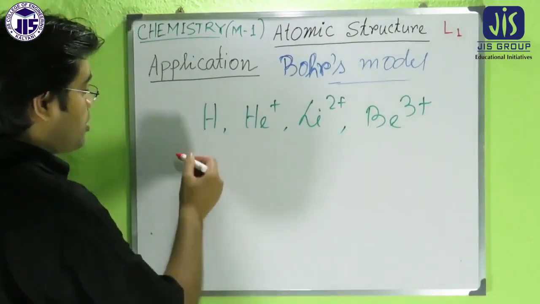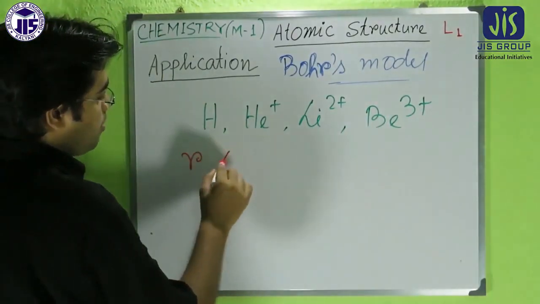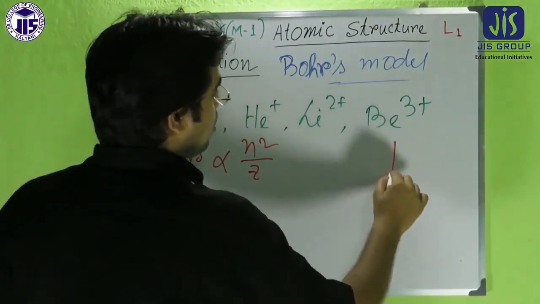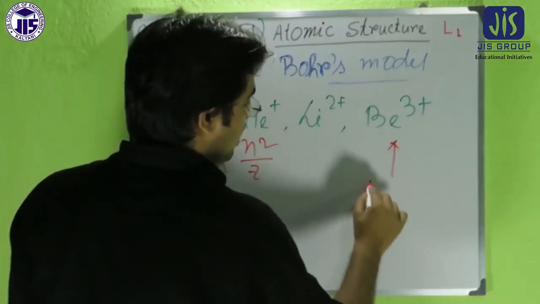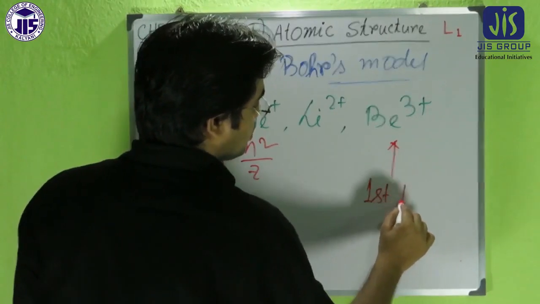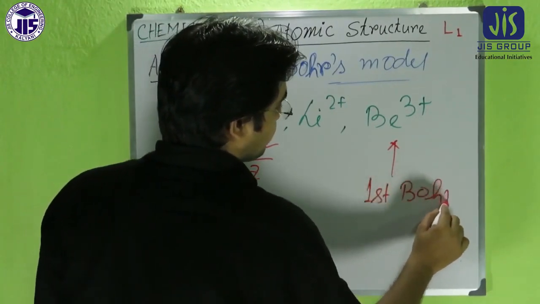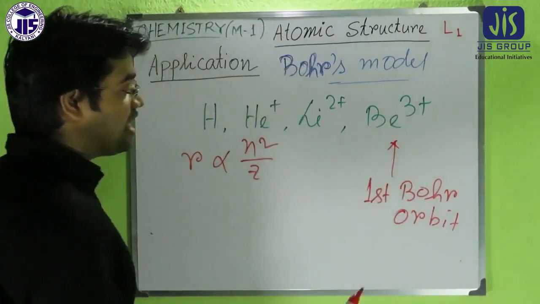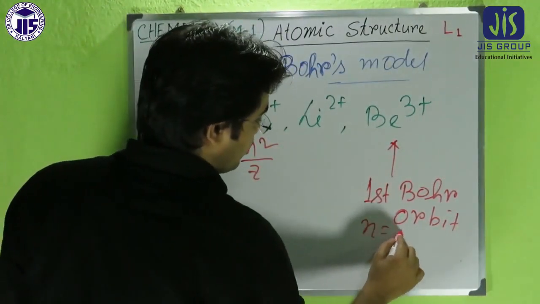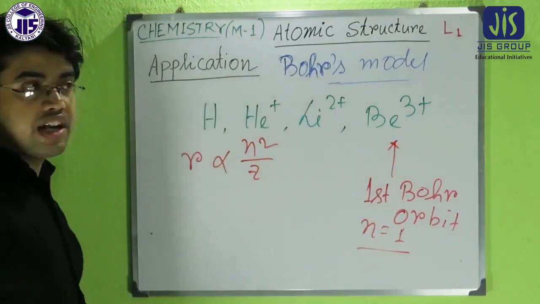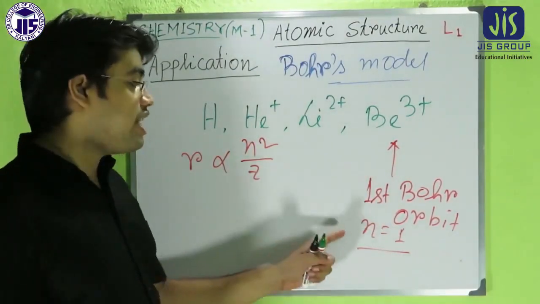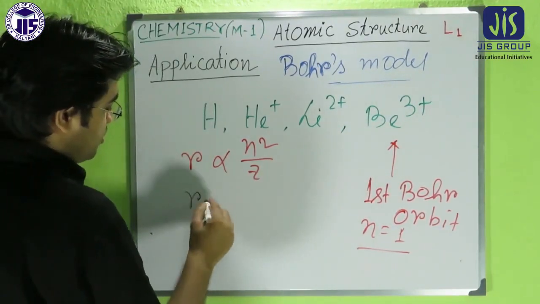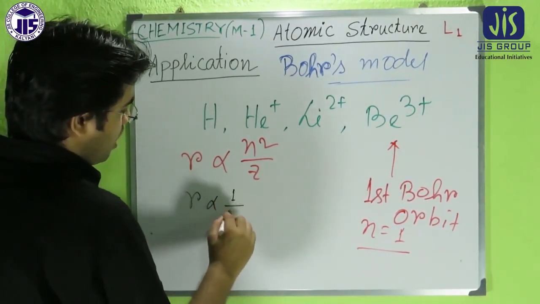For that purpose we know that R is proportional to n square by z. Here for each case the first Bohr orbit is considered, so obviously n equals 1. The remaining part is proportional to 1 by z.